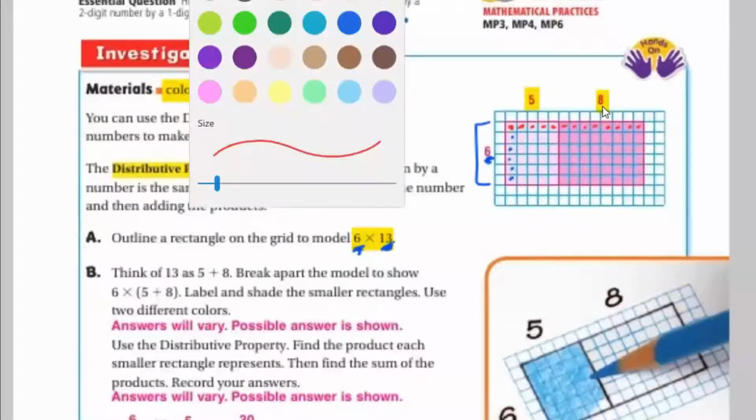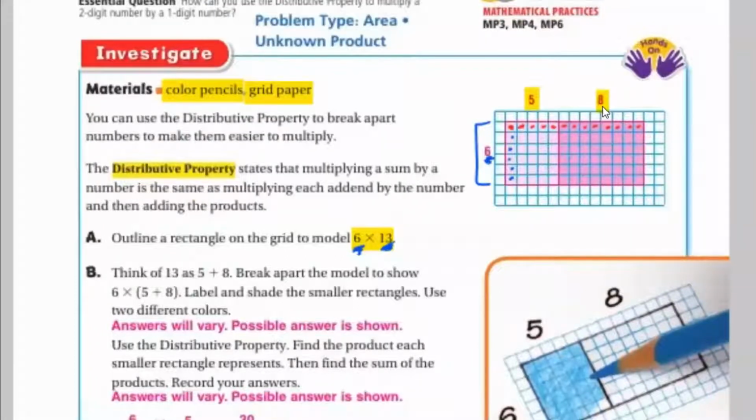After that, let's make a rectangle here like that. You have to count. We break the 13 into 5 and 8, right? So let's count 5 squares. We have 1, 2, 3, 4, 5.